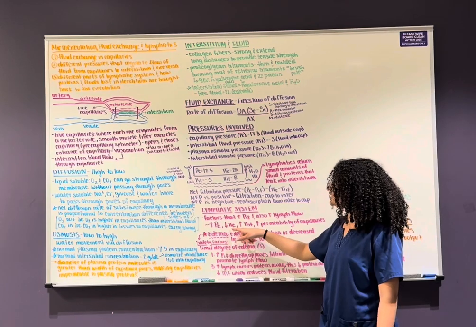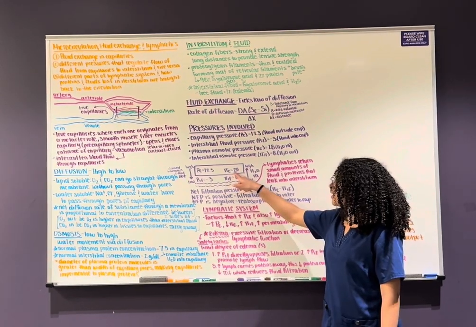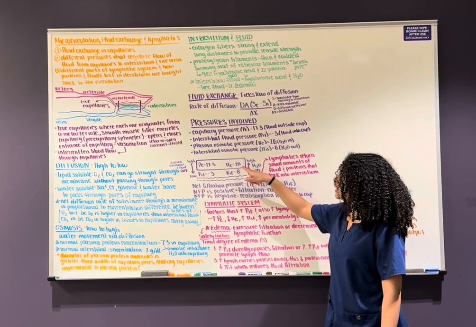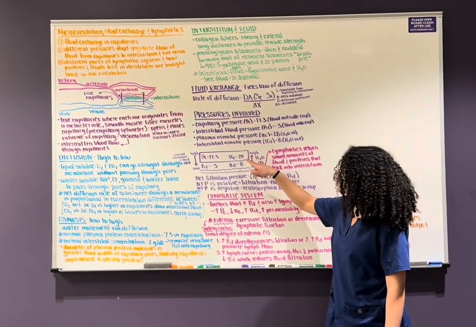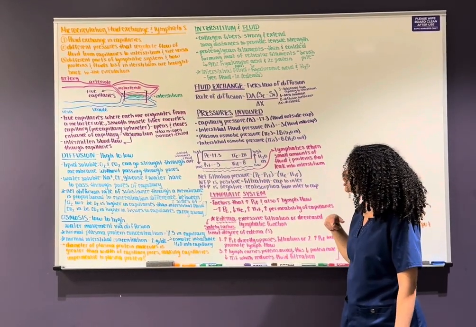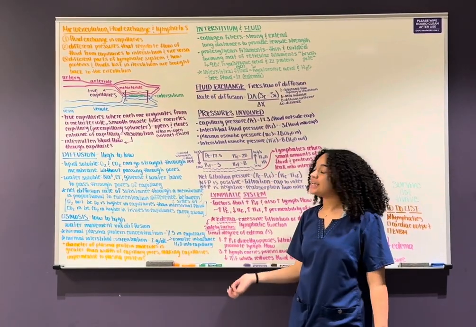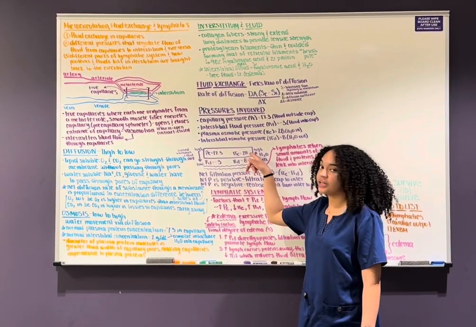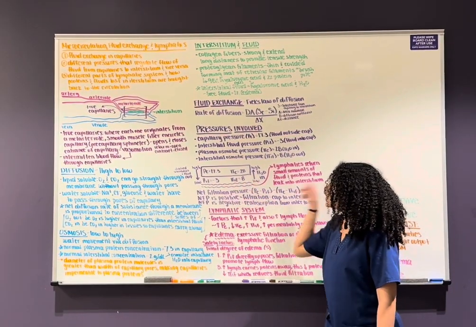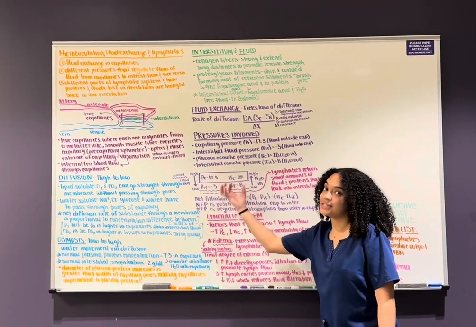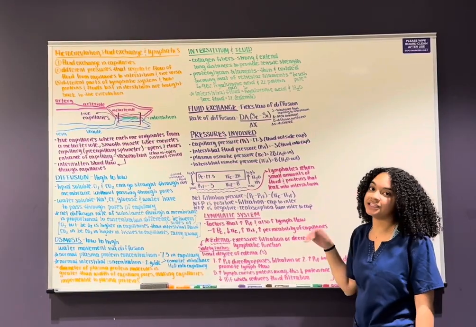Now, if we were to decrease this pressure right here, that means that we're no longer going from low to high as much. We just decreased this osmotic capillary pressure, so we're not actually taking more water into our capillary. Water is staying here. So now our lymph is going to continue to flow because it still has to carry all of that stuff out of there to prevent edema.